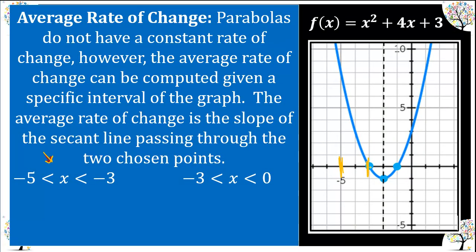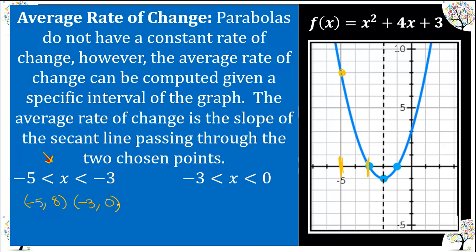So wherever my graph lies between this area, I want to see how steep it is from that point to this point. So when x is -5, when x is -5 for this graph, the output is 8. My other ordered pair is going to be -3. So when x is -3, y is 0.